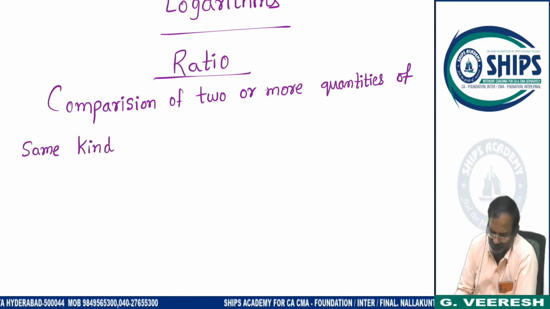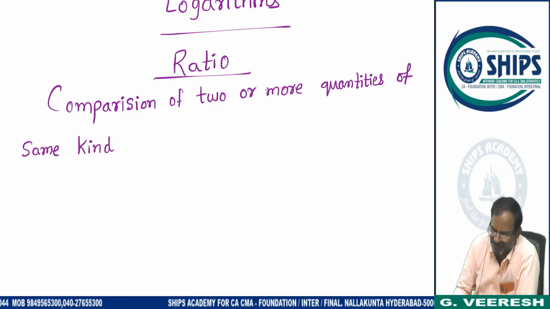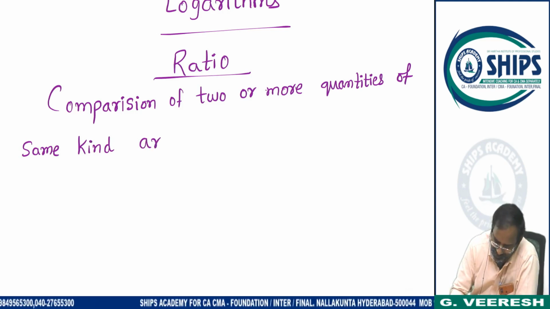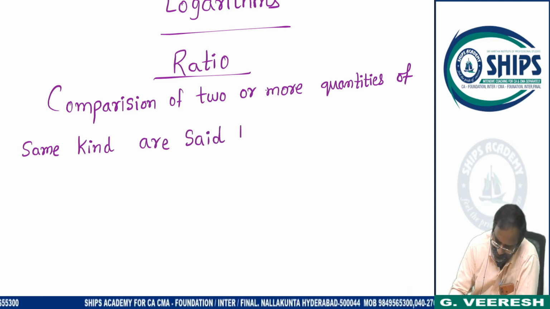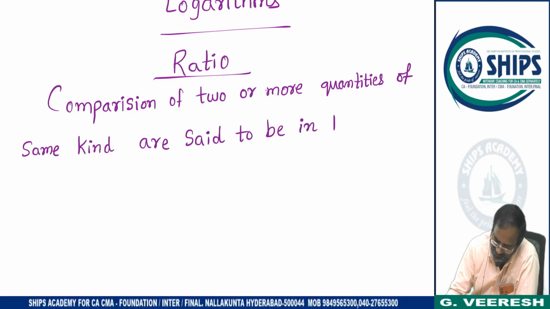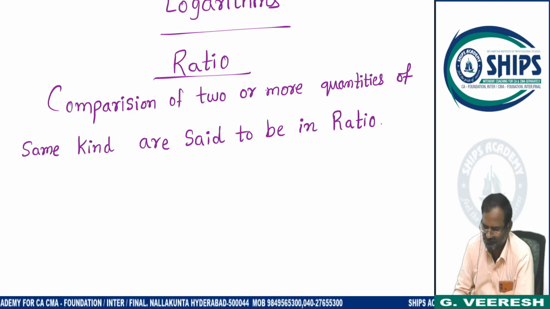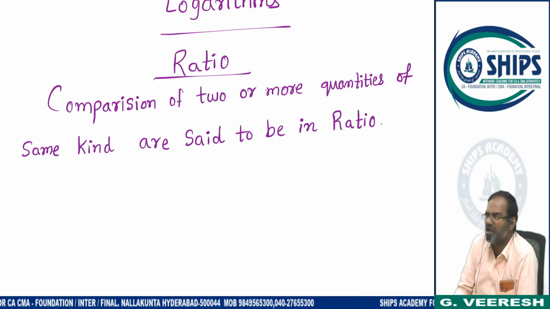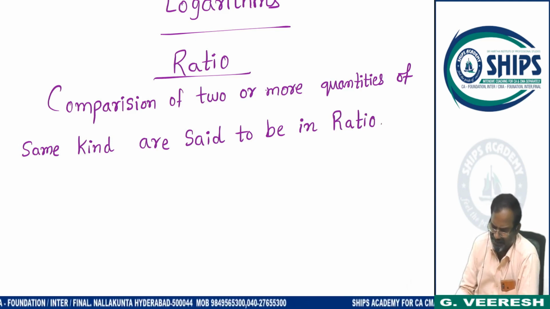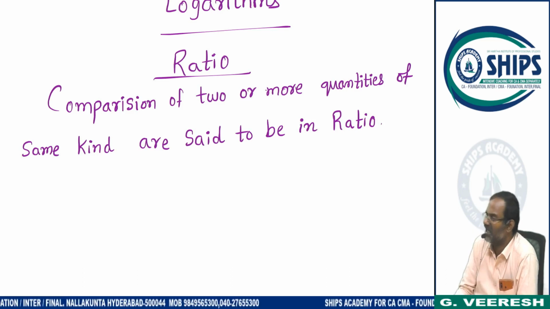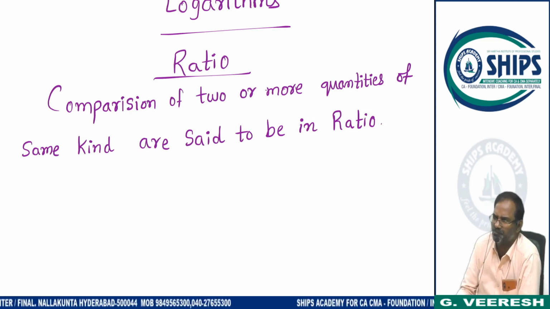Comparison of two or more quantities of same kind are said to be in ratio. Clear?